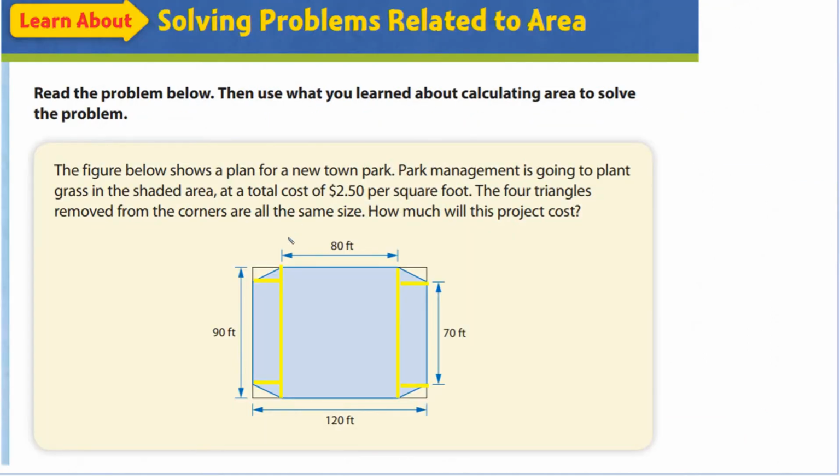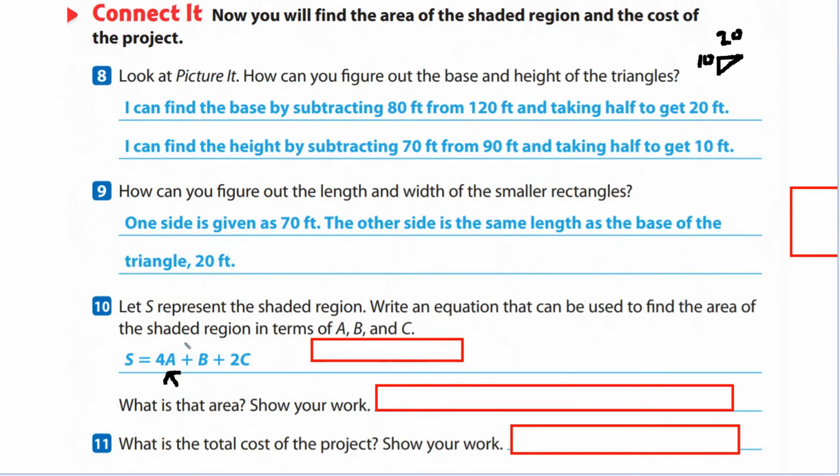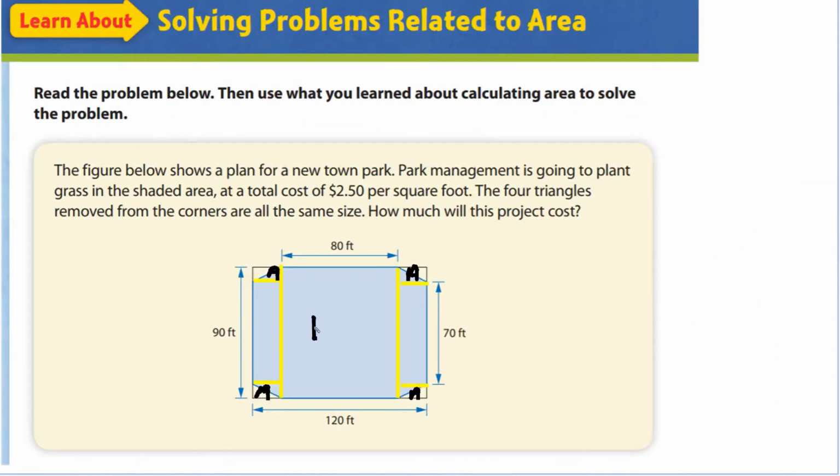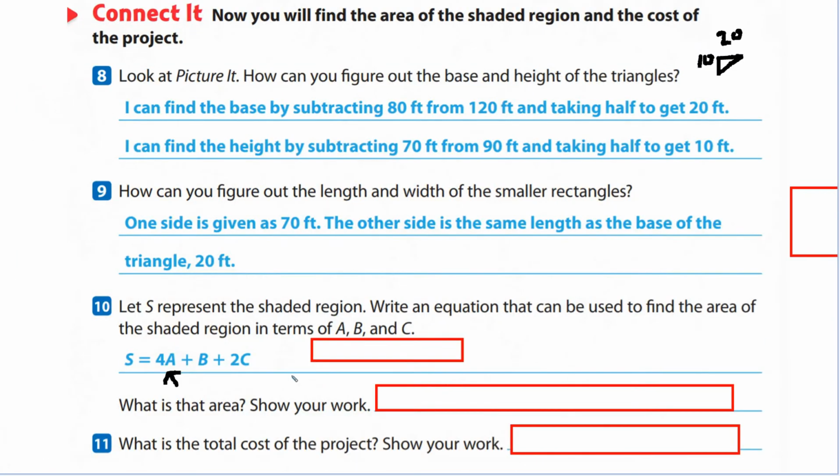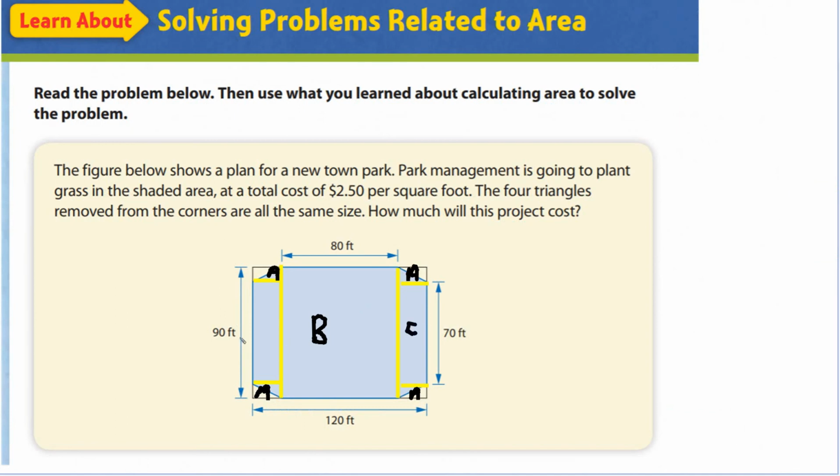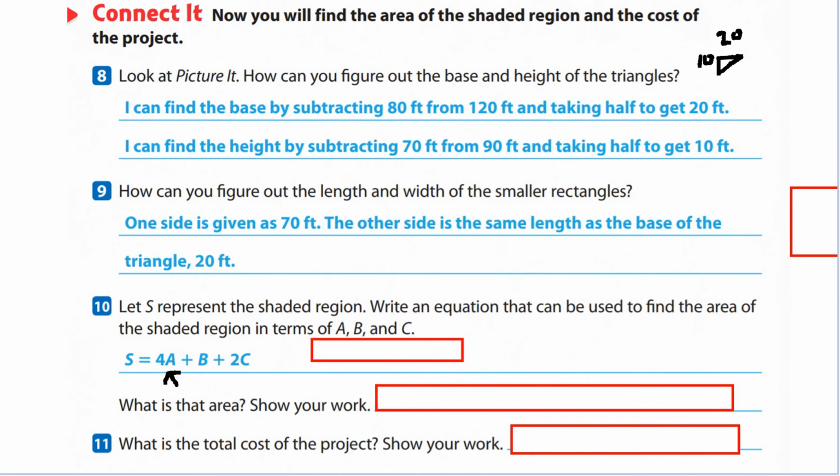If we go back here, this will be the A, and A. And since there's 4 of them, that's why you do 4 times A. And then the B would be the middle. And then the 2C, as you can see here, it says 2C. There's the 2 small rectangles. Okay? So here's my equation.